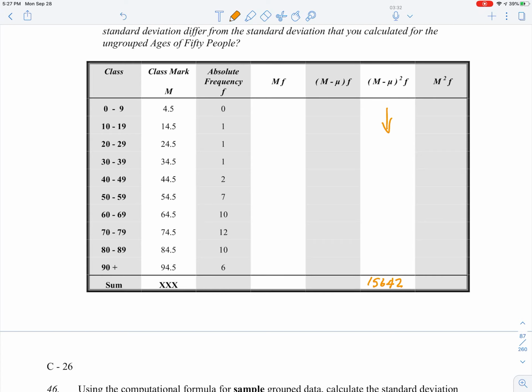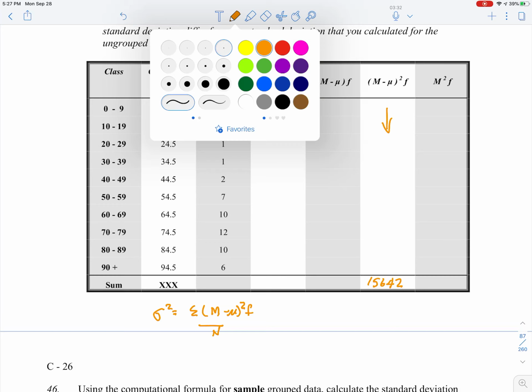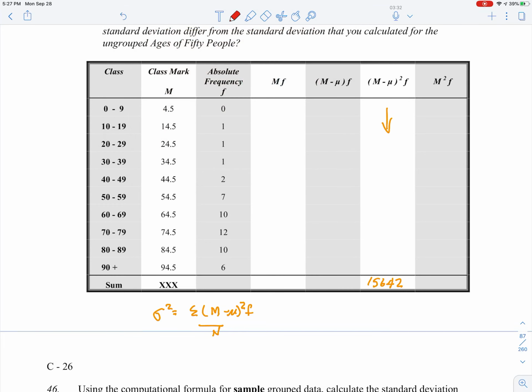But let's calculate then the formula for the standard deviation, the variance. So m minus mu squared times f over n. This part here is the numerator, so that's what we've just calculated, the sum of those.